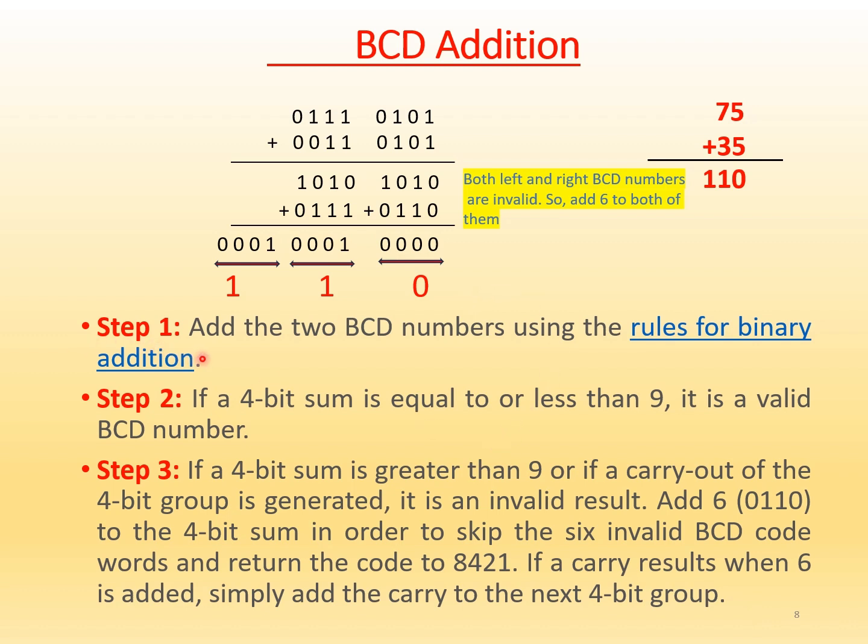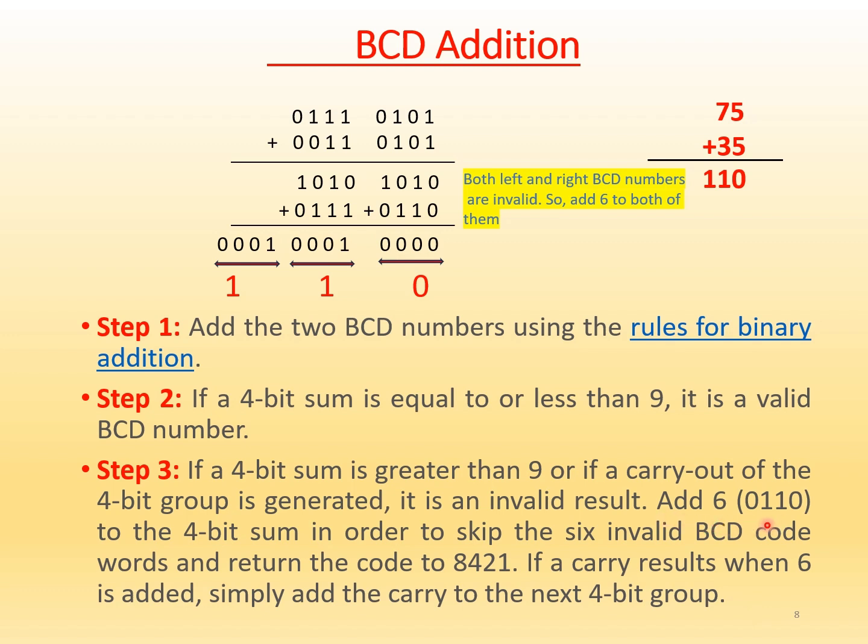So what is the rule? Step 1, add the two BCD numbers using the rules for binary addition. If a 4-bit sum is equal to or less than 9, it is a valid BCD number. If a 4-bit sum is greater than 9, or if a carry out of the 4-bit group is generated, it is an invalid result.